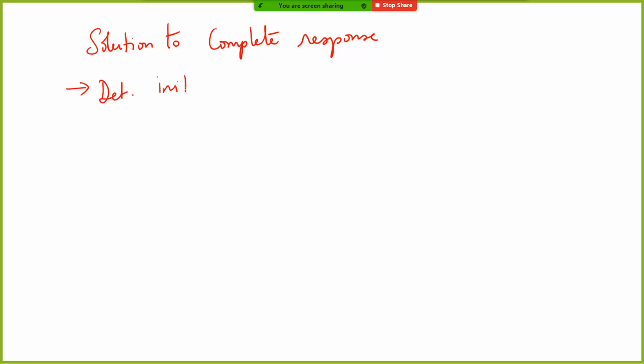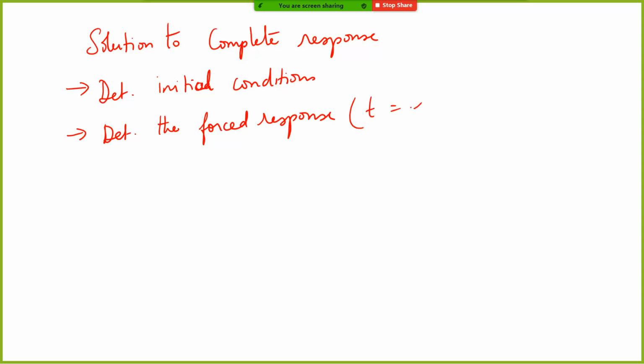So we know how these systems work. So the solution to the complete response basically is like this. First you determine your initial conditions, right? Okay, and then you determine the forced function or the forced response. Basically, what is the forced response at t equal to infinity?